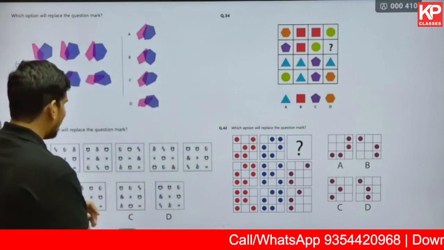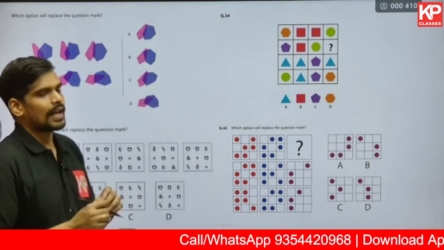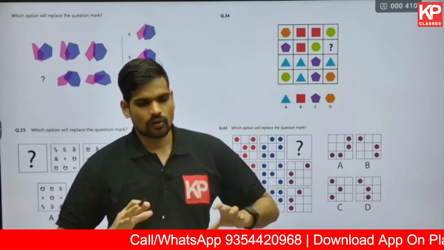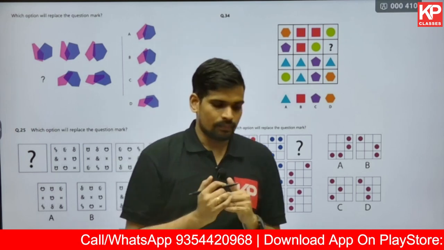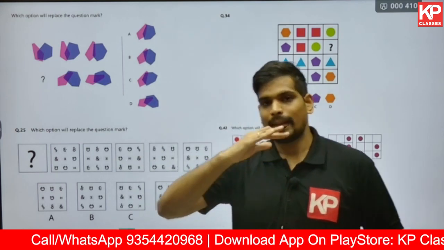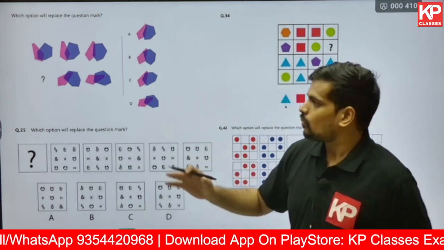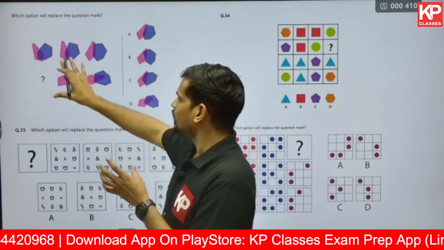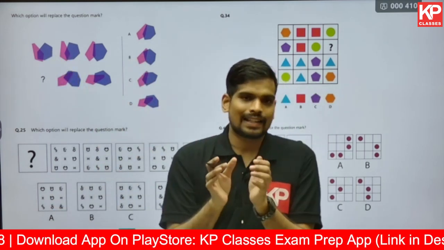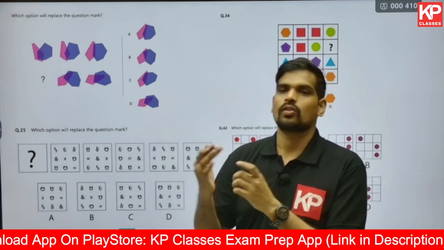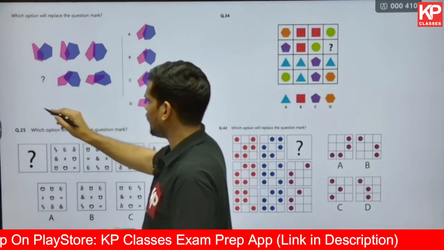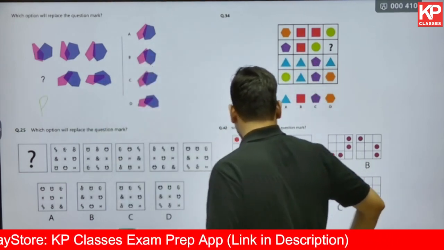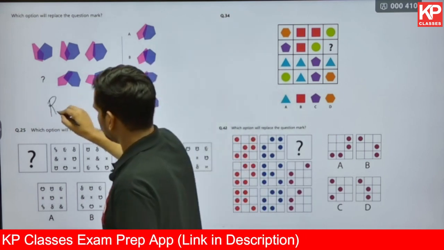However, broadly categorizing, the questions can be of mainly 4 categories. In this session also we'll be covering practice questions mainly of 4 models. The first model is where the given diagram itself is obtained by rotation or translation.